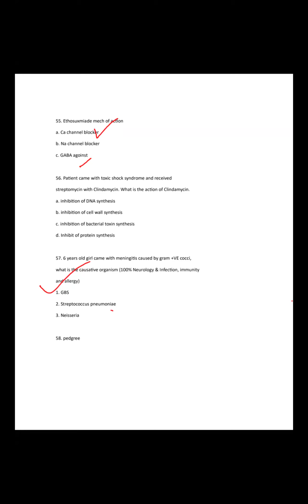Patient came with toxic shock syndrome and received penicillin and clindamycin. So clindamycin inhibits the bacterial toxin. A 6-year-old with meningitis, gram positive cocci. So what could be the organism? If it is gram positive cocci, this is Streptococcus pneumoniae.